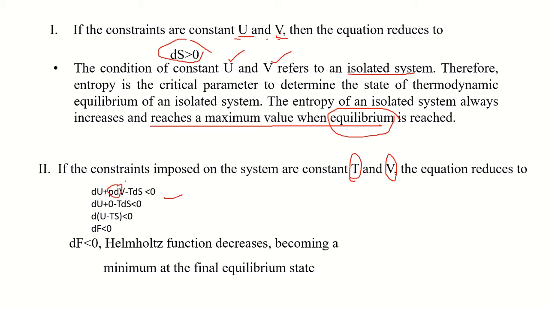T is a constant value. Anyway, dU minus TdS, I can also write d(U minus TS) less than 0. U minus TS is what you call the Helmholtz function. So that must be less than 0, minimum at the final equilibrium state, keeping T and V constant.